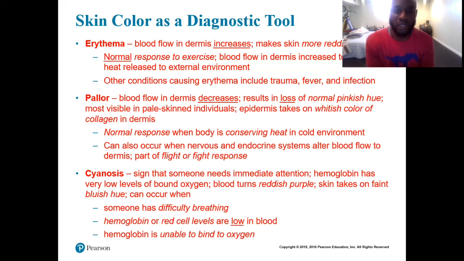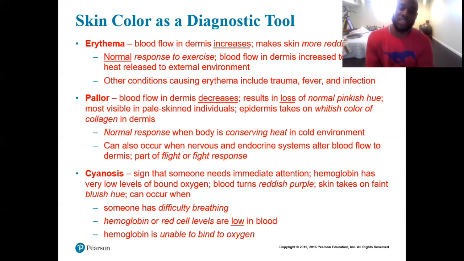Some people associate this with fear, but it's really common when the body's cold, right? What's happening is blood is flowing away from the surface of the skin and staying more towards the internal organs where it's nice and warm, therefore trying to conserve the heat loss of your body.